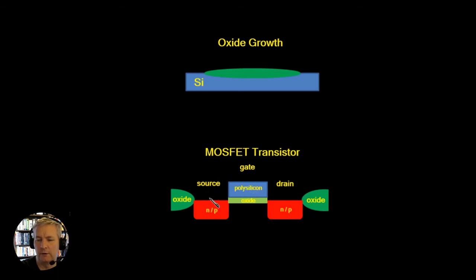And then we have our 2 regions here, our source and our drain, which are being created by our doping either the N or the P type to create our device. So that's an overall description of the processes involved.